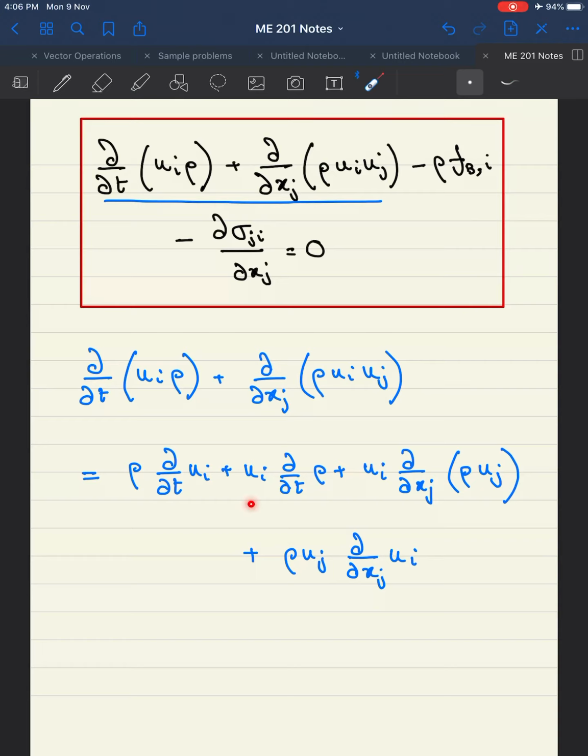These terms have ui common, so I can combine them. I can write this set of equations as ui times del t of rho plus del xj of rho uj.